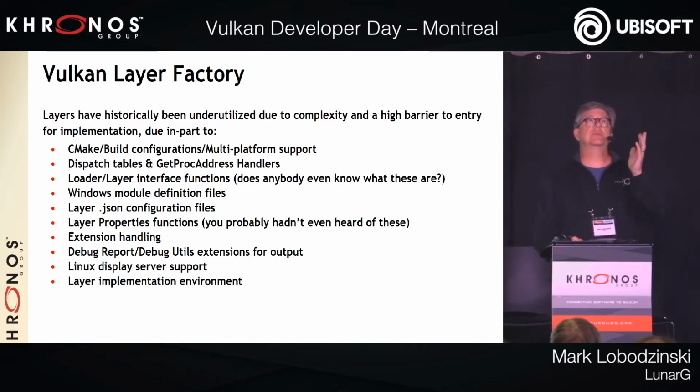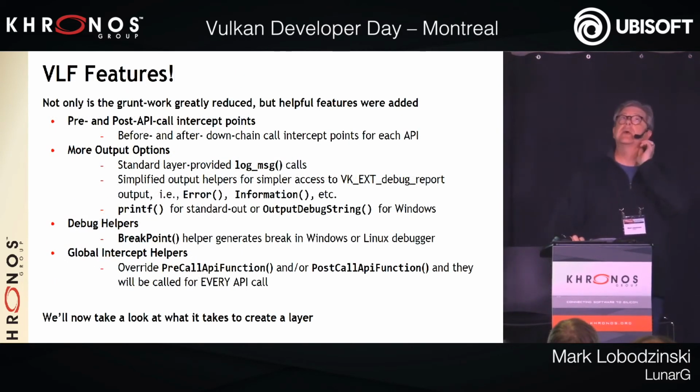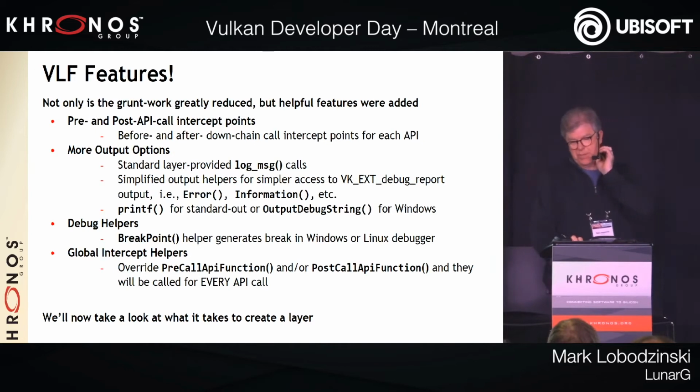So the idea is to take all this stuff and abstract it and make it easier for folks to get their work done. So in addition to just doing that, it also provides some helper functions, and this list can be expanded later. But it's got the pre and post call points. There's some much easier output functions.